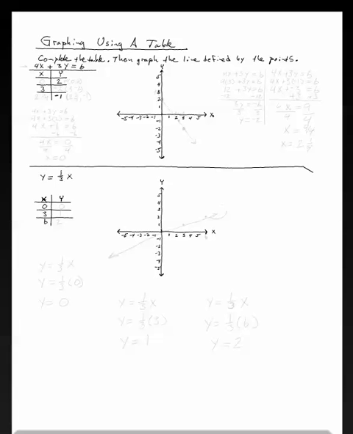So in our first example, it says 4x plus 3y equals 6. That's our equation. And then the first value they give us is that y equals 2. And we know it's y equals 2 because it's in the y column. So all we have to do to find the value for y equals 2 is plug 2 in for y in the equation and then solve the equation for x.